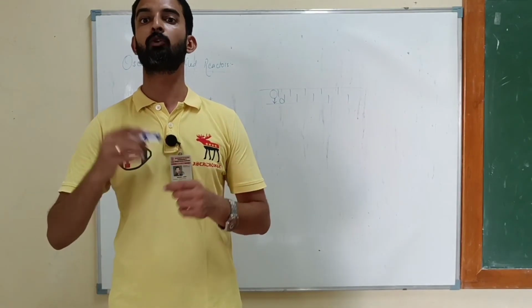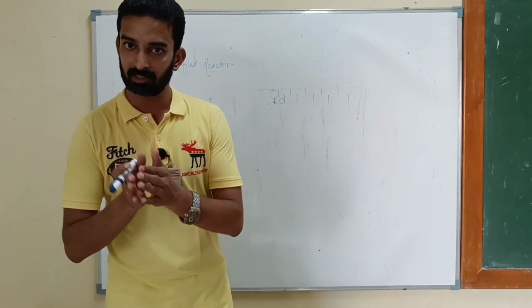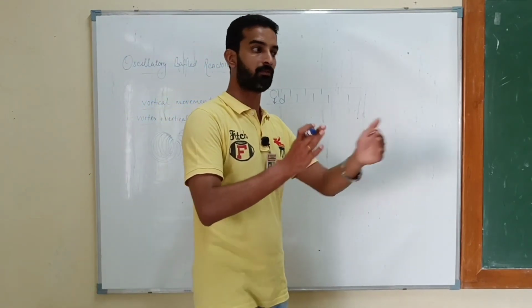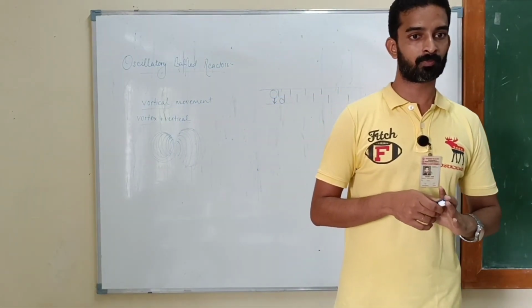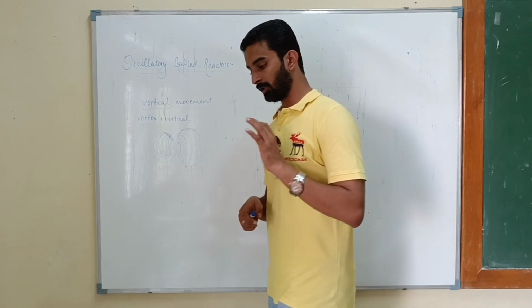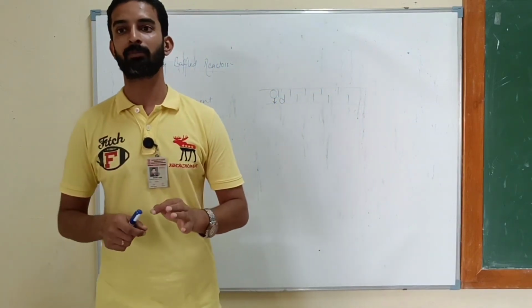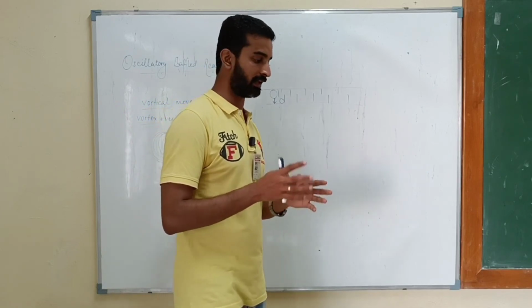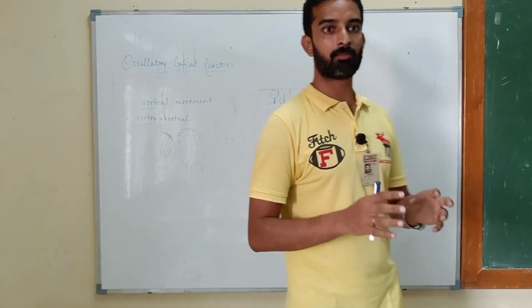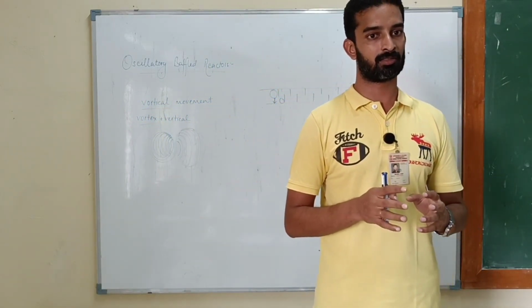Because of this oscillation and the baffles, there will be very good mixing, and the reactant will get 10 minutes time inside a very small reactor also. Clear? So that is the construction, working, basic mechanism, and the comparison with normal reactors as far as oscillatory baffled reactors are concerned. Okay.